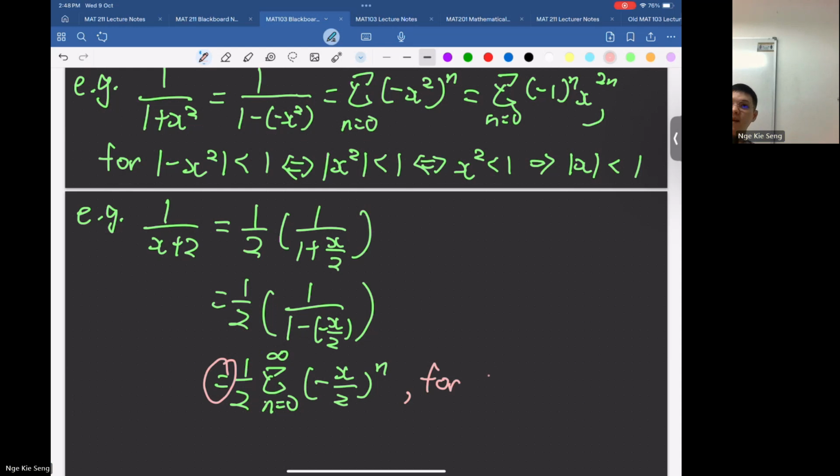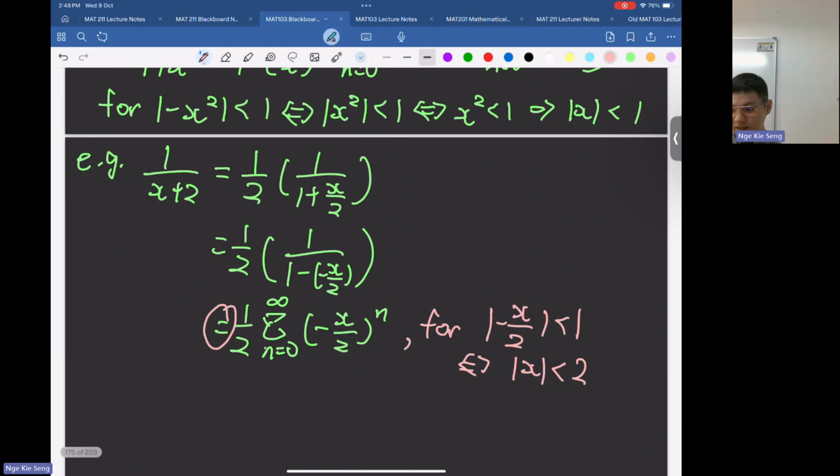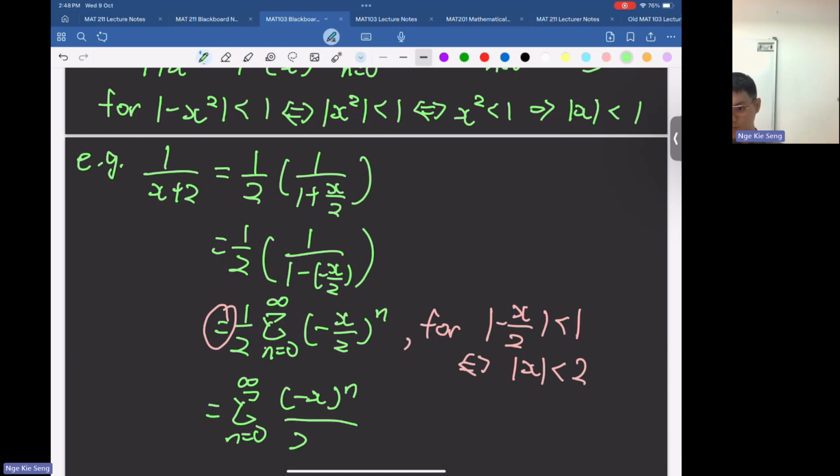For the absolute value of x over 2 less than 1. Meaning it is true when the absolute value of x is less than 2. So the radius of convergence becomes larger. So you can write out the sum more completely like this: minus x to the power n over 2 to the power n.